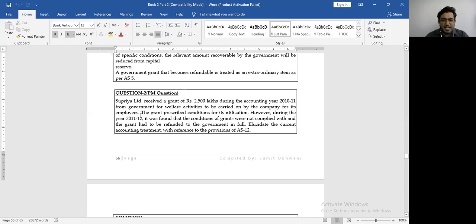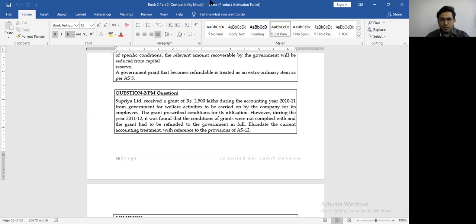The grant prescribes conditions for its utilization. However, during the year 11-12, it was found that the conditions of the grant were not complied with, and the grant had to be refunded to the government in full. Elucidate the current accounting treatment with reference to AS-12.